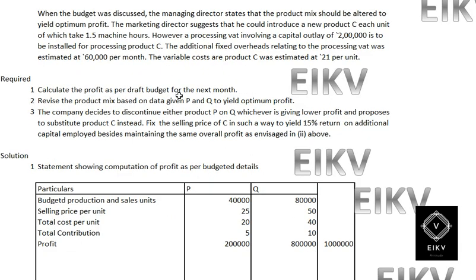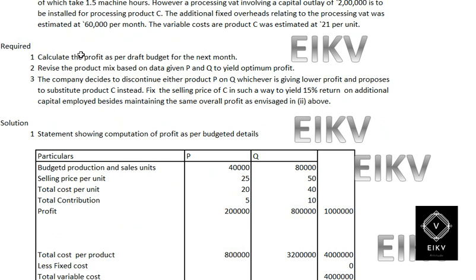Then the requirements. Number 1, calculate the profit as per the draft budget for the month. Second, revise the product mix based on the data given for P and Q to yield the optimum product mix. Number 3, the company decides to discontinue either product P or Q, whichever is giving lower profit, and proposes to substitute product C instead.